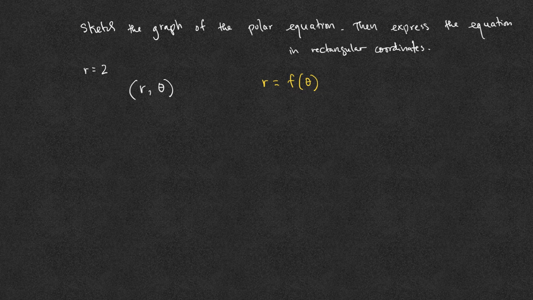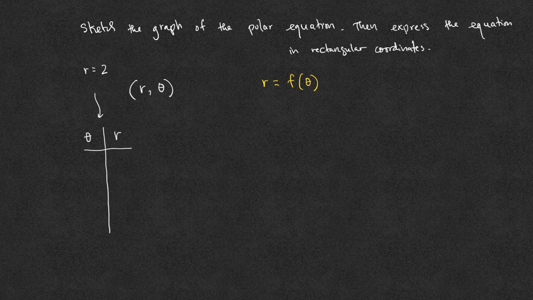The fact that theta is missing in this given equation r equals 2 implies that if we were to make a table, the independent variable is theta and the dependent variable is r.